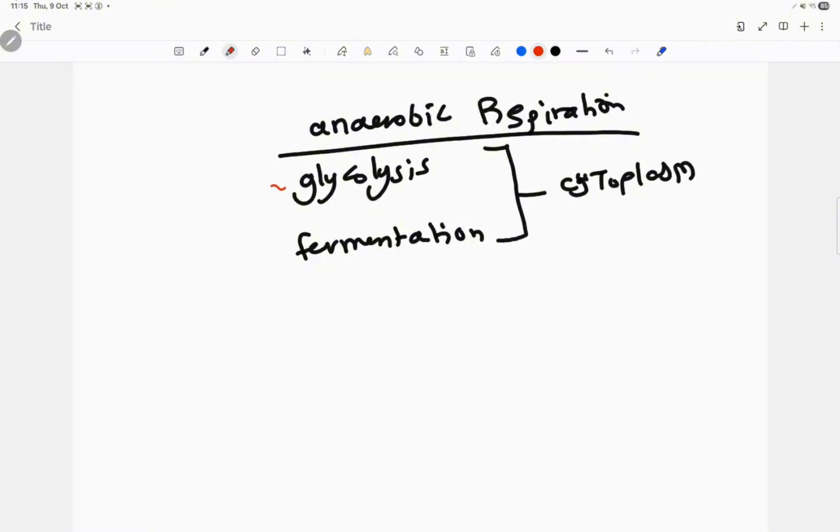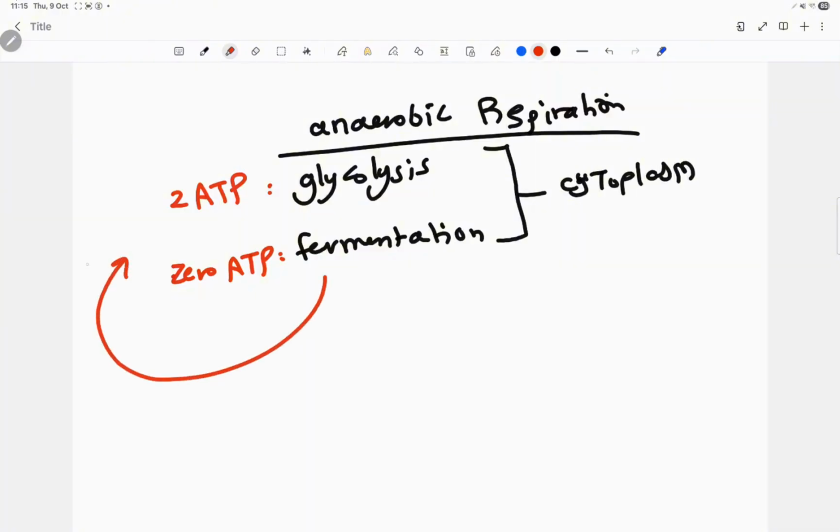Glycolysis will give you 2 ATPs in net. Fermentation gives you 0 ATPs. The whole purpose of fermentation is to keep glycolysis occurring by always giving it NAD+. That's the only job of fermentation, to keep supplying us with NAD+ for glycolysis to keep occurring.